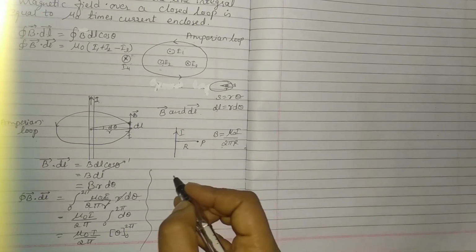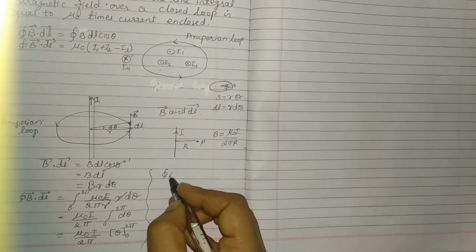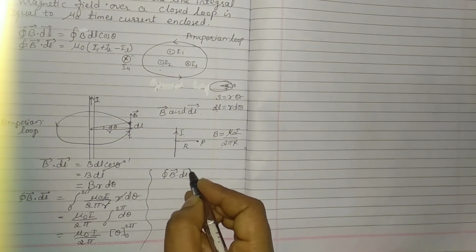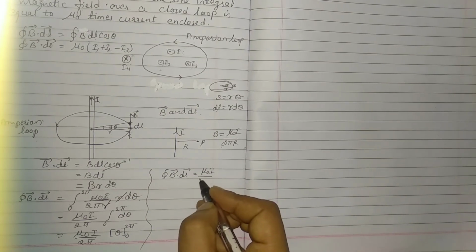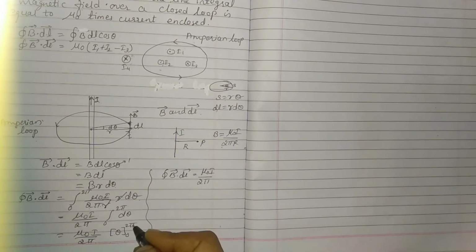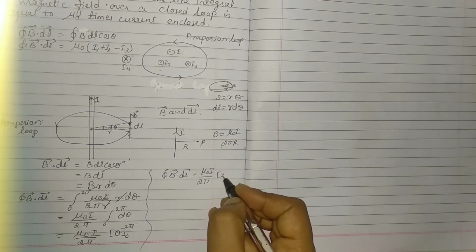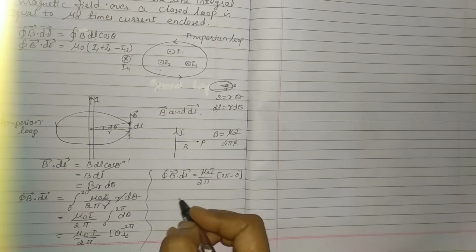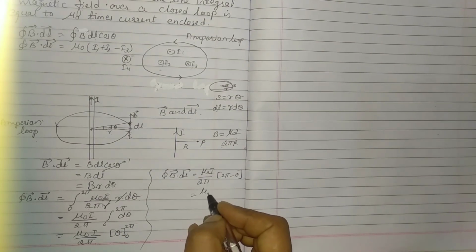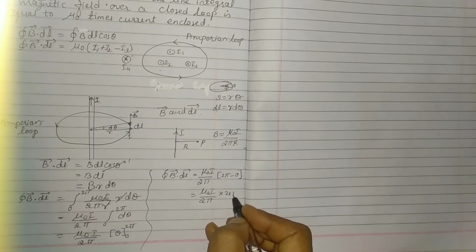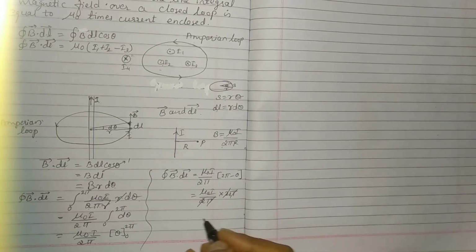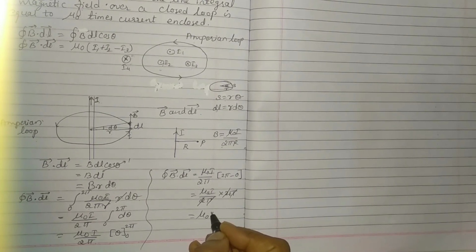So if you solve this, the line integral of B dot dl is equal to mu naught I divided by 2 pi, and theta upper limit minus lower limit, that is 2 pi minus 0. So it is mu naught I divided by 2 pi into 2 pi. 2 pi gets cancelled, you are left with mu naught I.